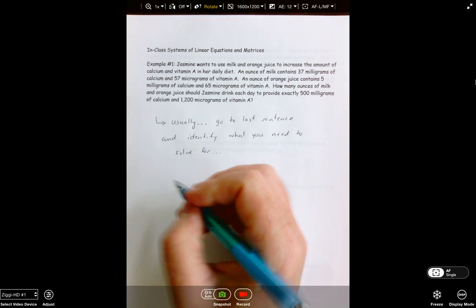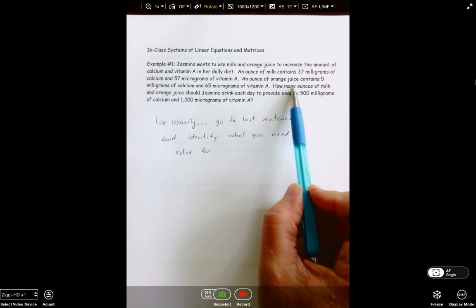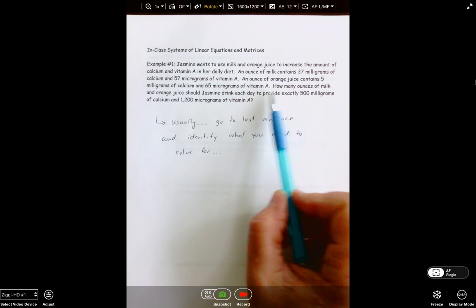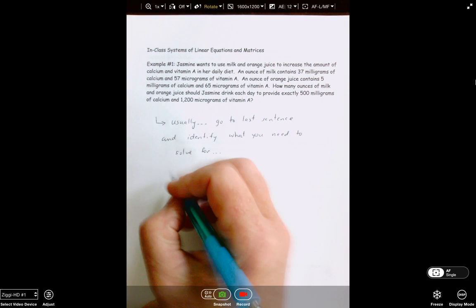So I know that my variables that I'm going to solve for have something to do with how many, right? I'm asked a question, I'm going to solve something, so obviously my answer needs to be what I'm being asked to solve. So how many ounces of milk and orange juice? There's two things there.